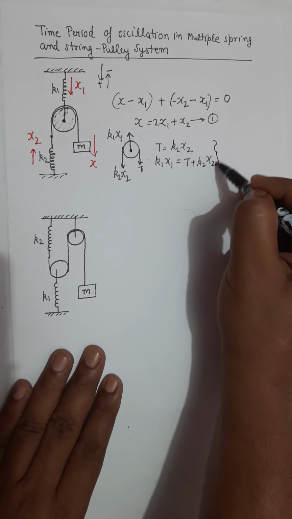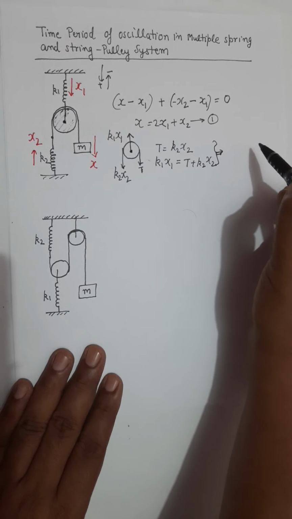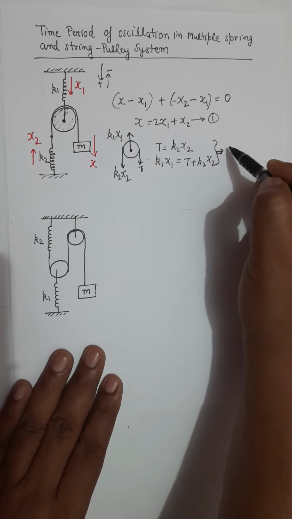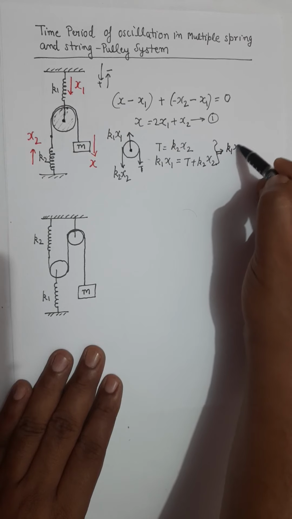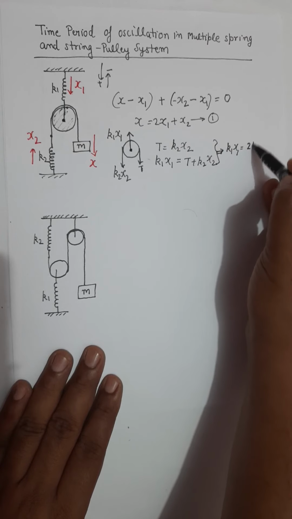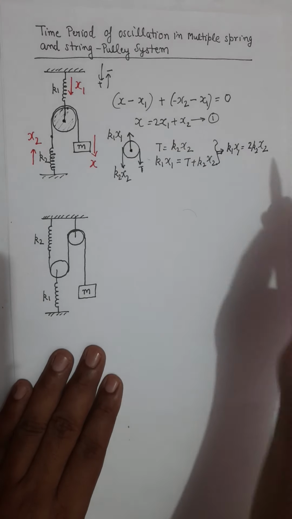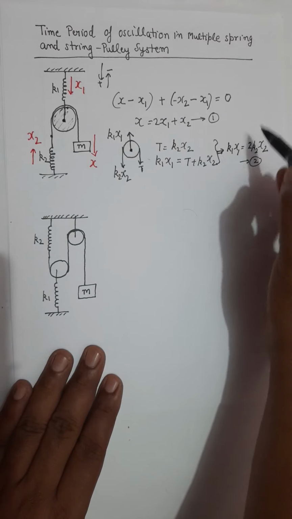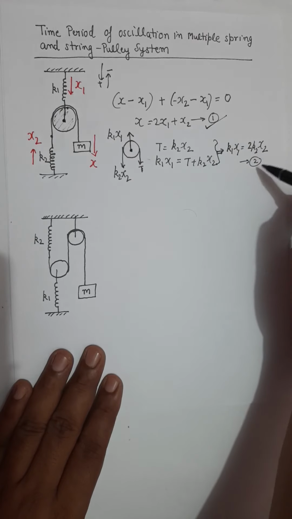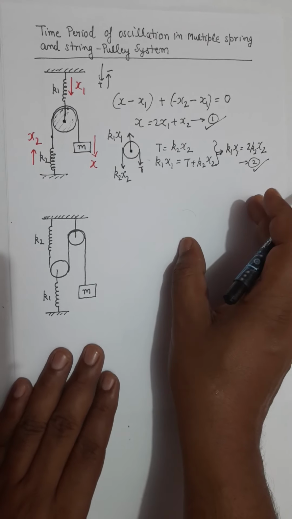Now from these two equations, going through a little bit of mathematics, you can prove that K1x1 equals 2 times K2x2. Now this is my second equation. Now you have two equations, 1 and 2, in two variables x1 and x2.